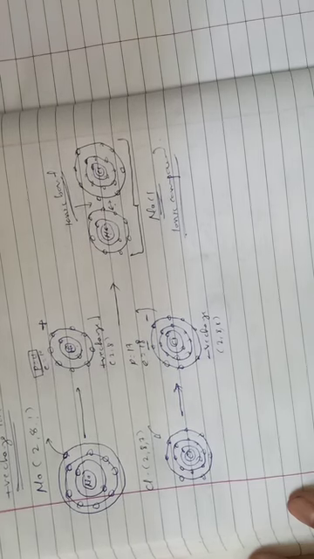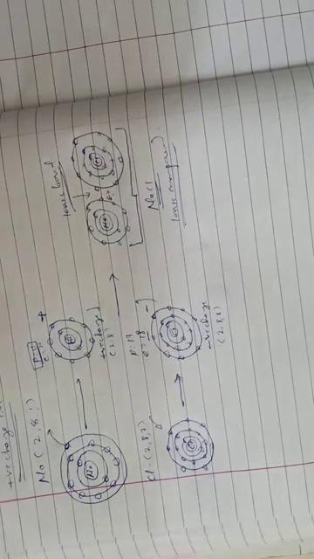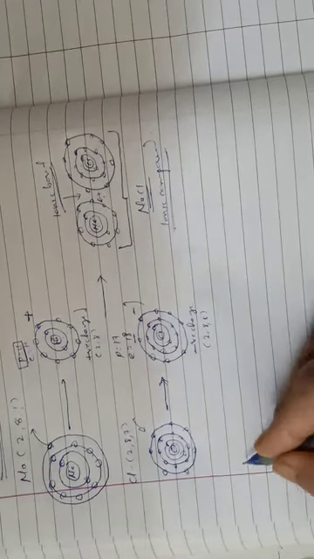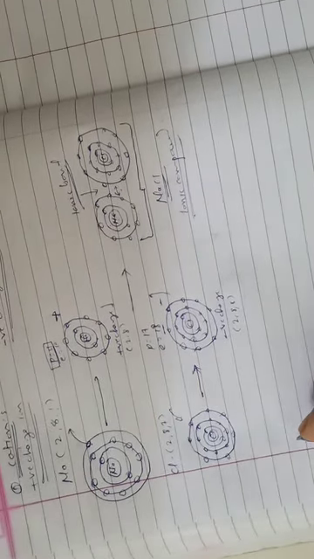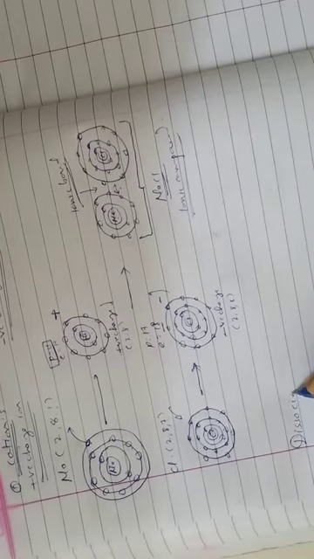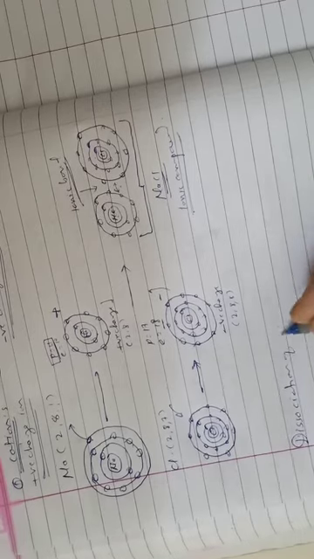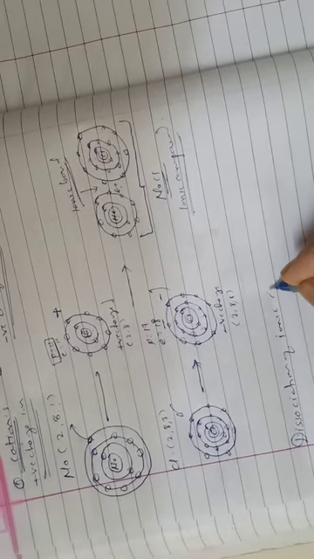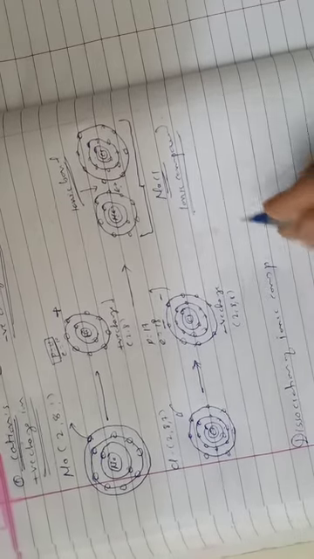In this way, the ions of these ionic compounds can be dissociated if we dissolve them in water. So see, dissociation of ions of an ionic compound. How are they dissociated?